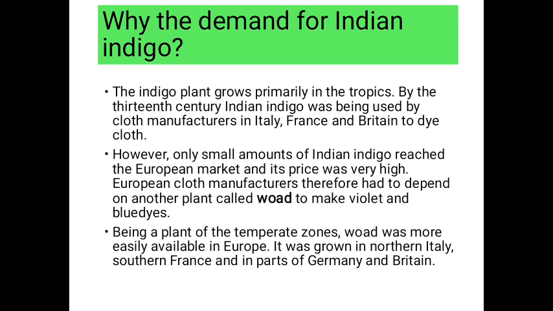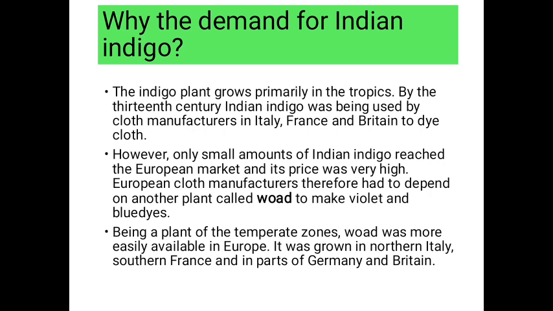So these cloth manufacturers went searching for an alternative plant named woad, W-O-A-D. With the help of this plant, it became possible for them to give violet and blue dyes. Indigo is a tropical plant, but woad is a temperate plant.